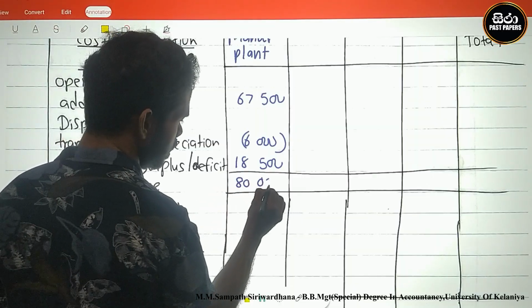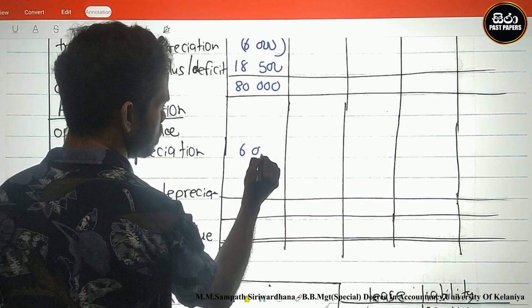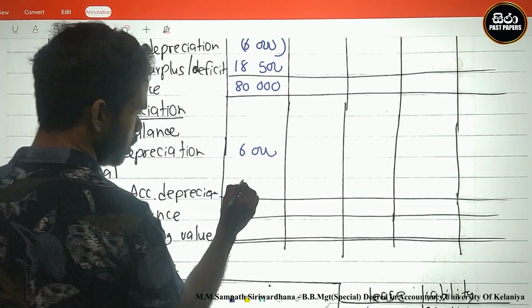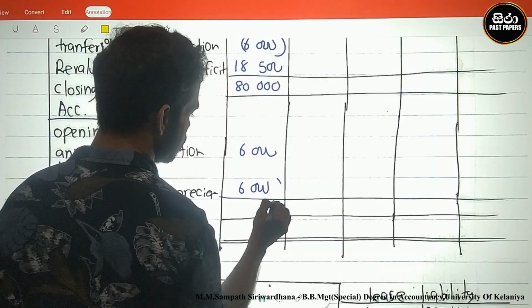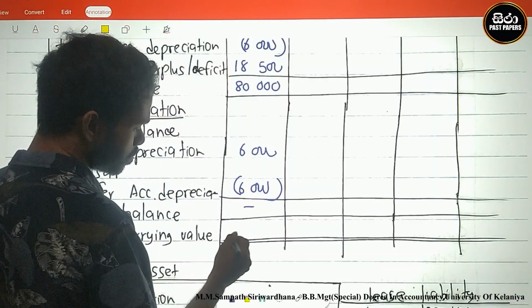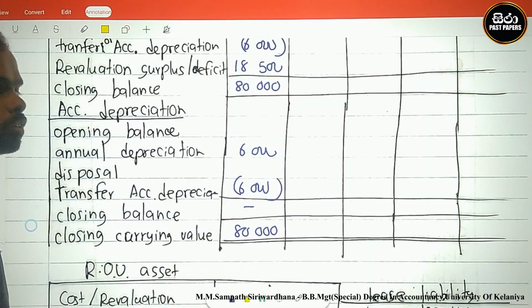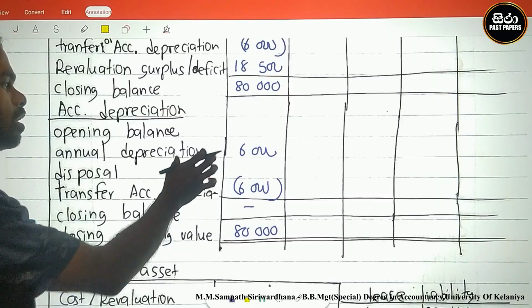The revalued amount was 80,000. And annual depreciation was 6,000. Transferring accumulated depreciation was 6,000 minus. Accumulated depreciation was 0. The final balance is 80,000. This is enough for manufacturing plant.